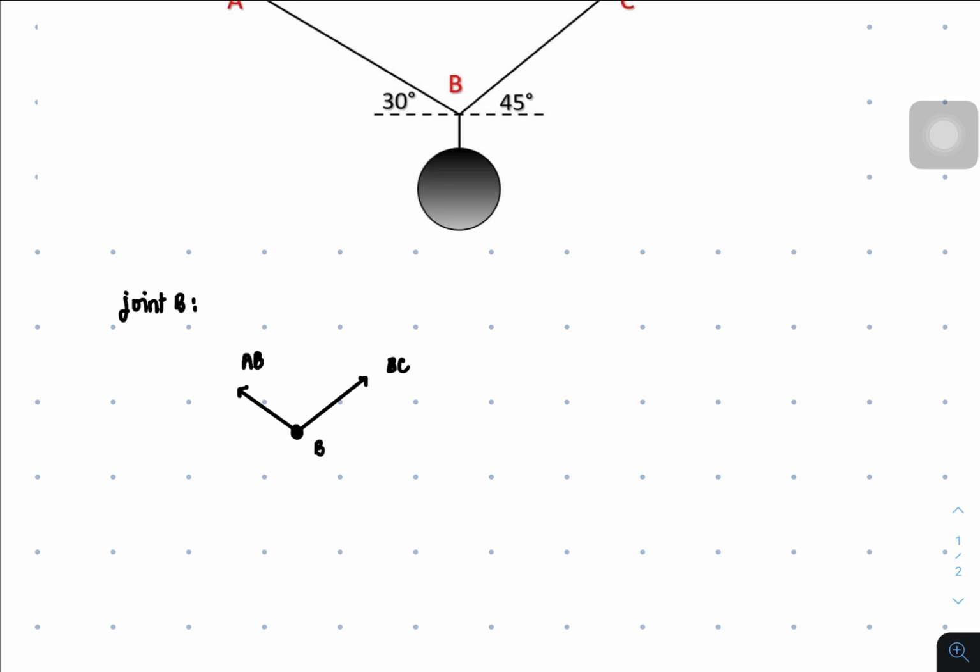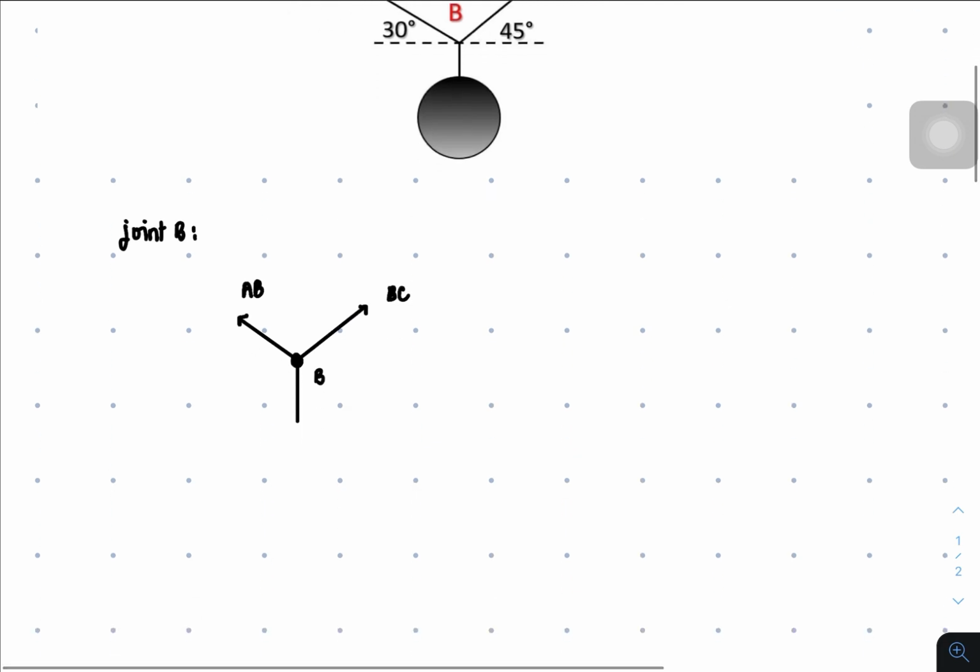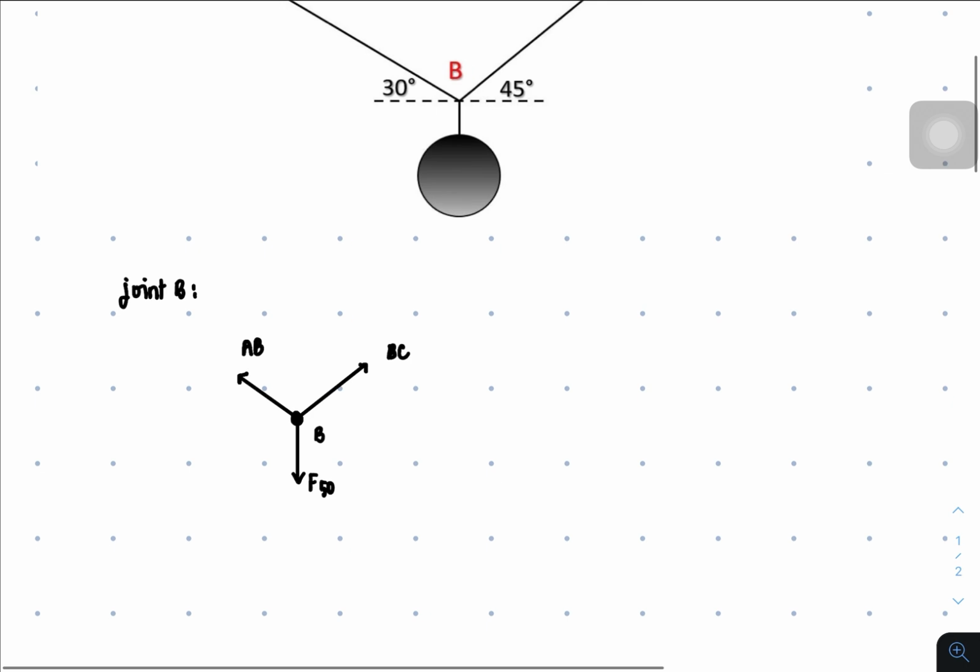because that's a cable. Also, the point B is supporting the vertical load, and this is the load towards the force 50. Or let's say that this is the force or the weight.